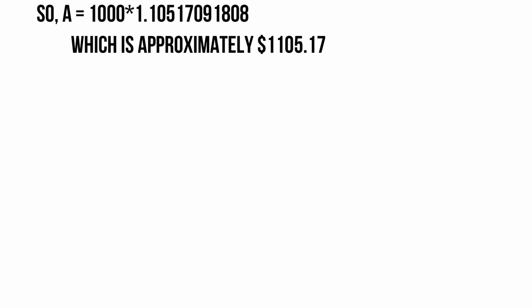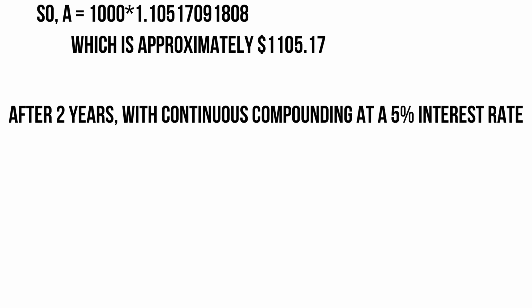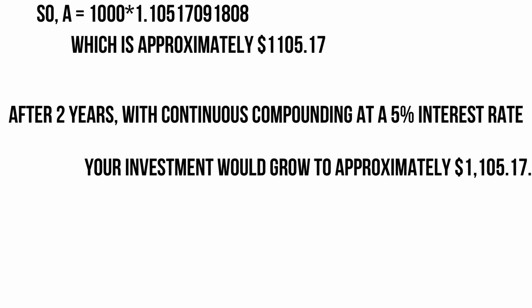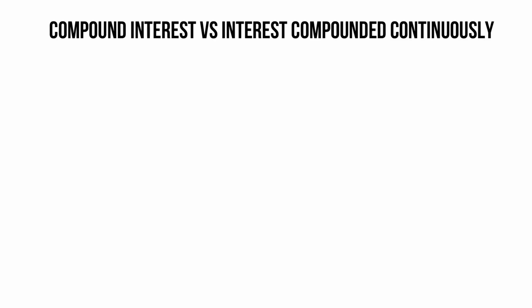So, A = 1,000 * 1.105170918808, which is approximately $1,105.17. After 2 years, with continuous compounding at a 5% interest rate, your investment would grow to approximately $1,105.17.